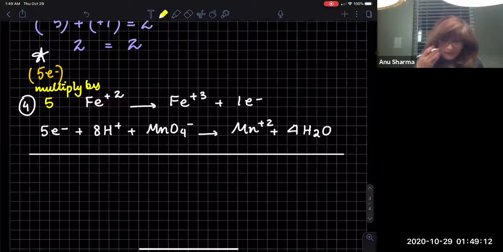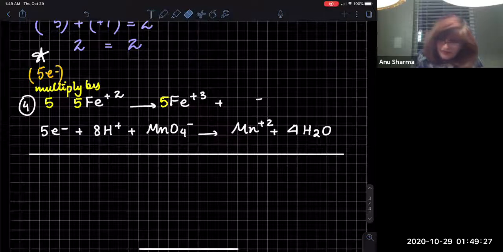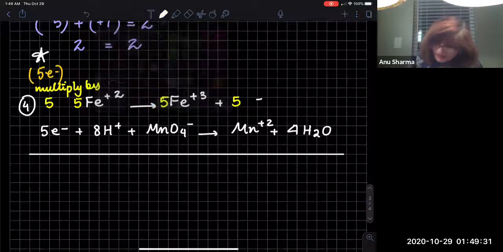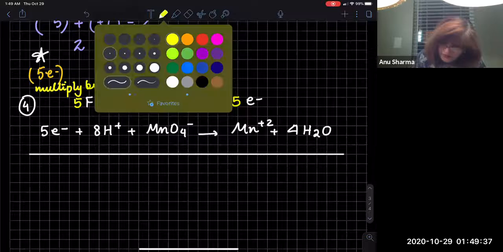So when that happens, this becomes 5, this becomes 5, and these also become 5. So 5 electrons here and 5 electrons here. Multiply by 5. Let me write it down.